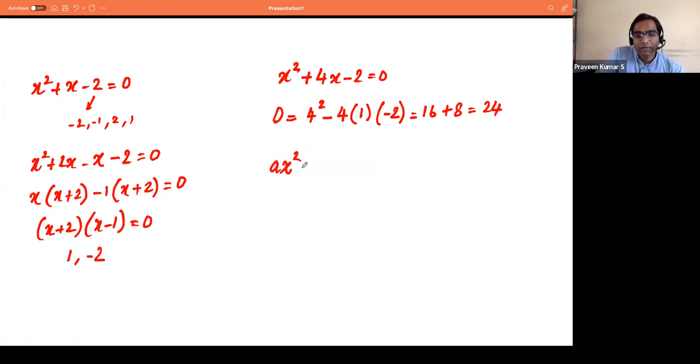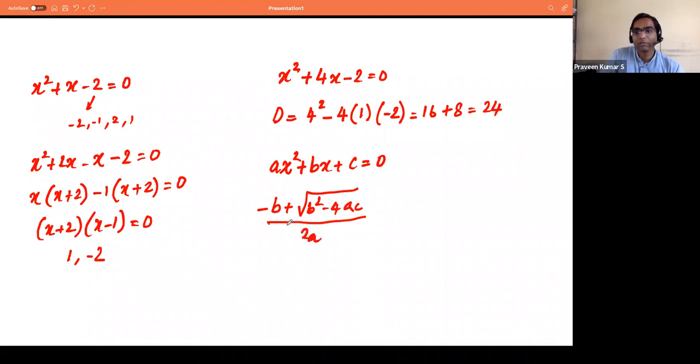If you were given ax square plus bx plus c is equal to 0, the two roots will be minus b plus square root of b square minus 4ac by 2a. This is one root. The second root will be minus b minus square root of b square minus 4ac by 2a.